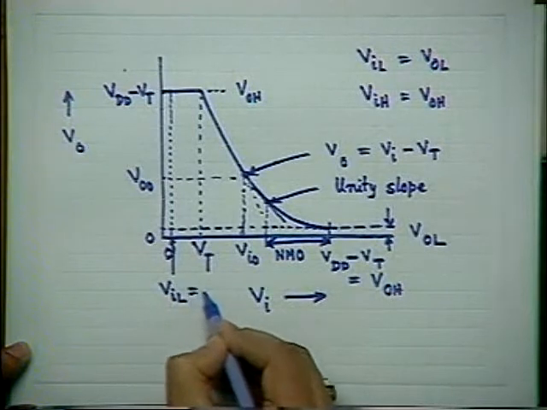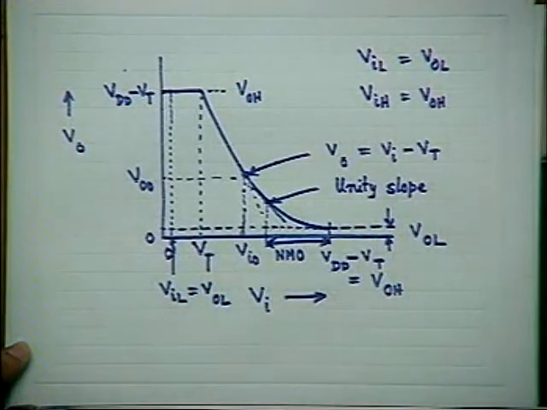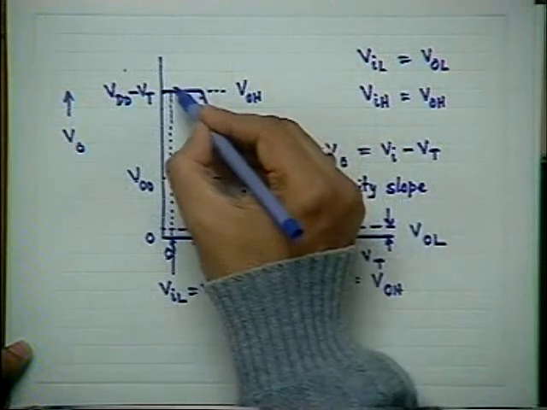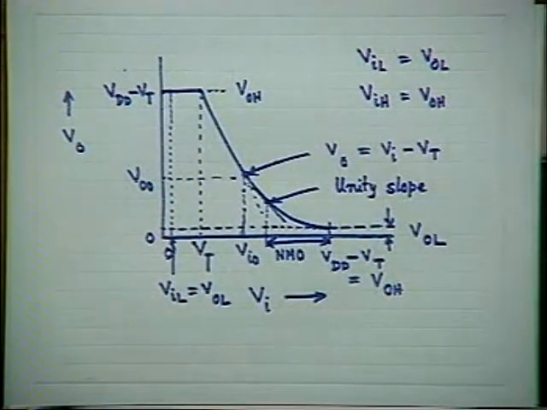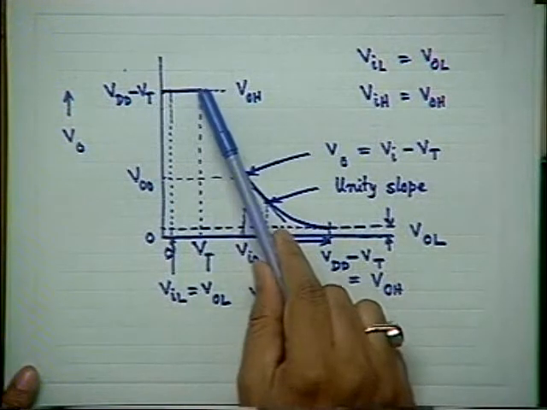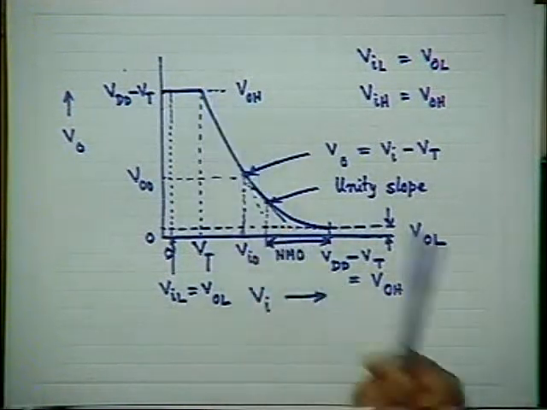VIL, which is the same as VOL. From this point, can you find out some unity gain point here? Because here our analysis was such that we have found that as we exit this point, it is a linear slope.